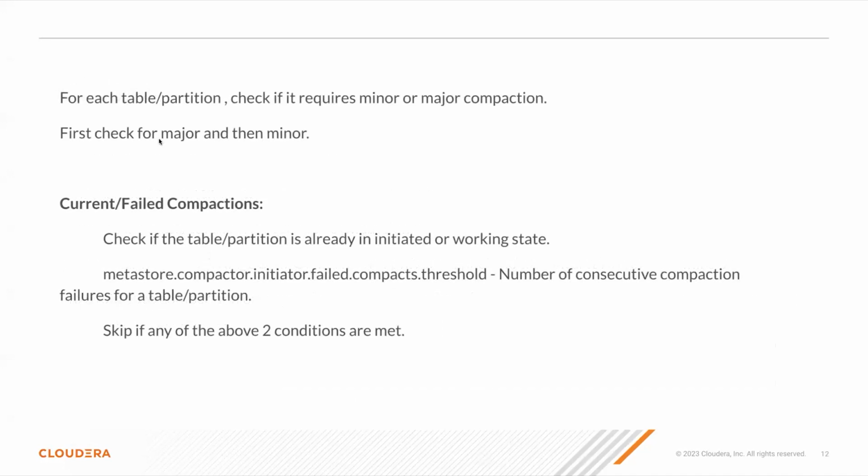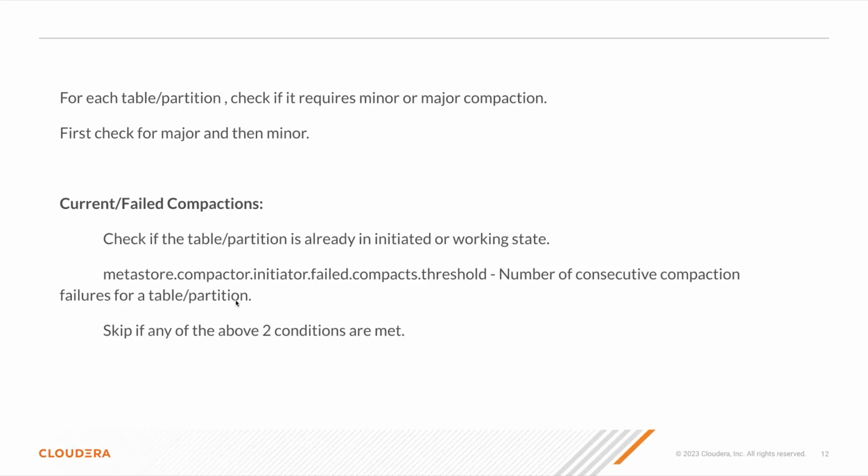Okay. So once these are all done, we have to check whether it's a failed compaction too. This is one more condition wherein if there are any previous compactions done on a table, and those compactions have failed consecutively for more than 2 times.